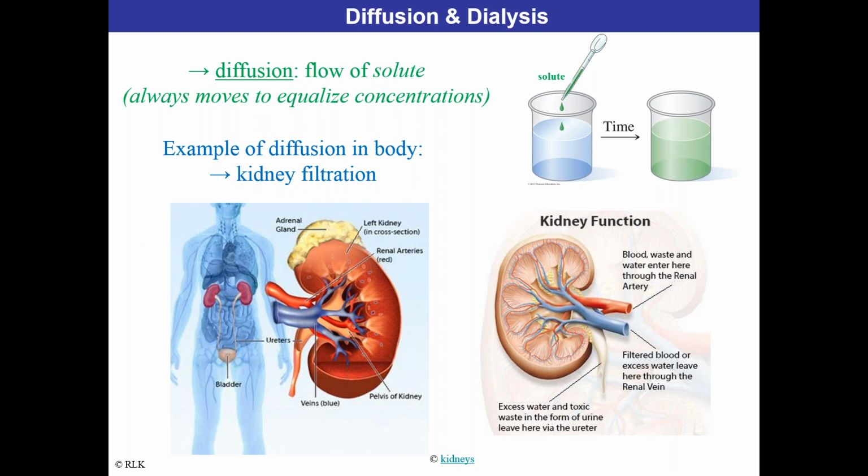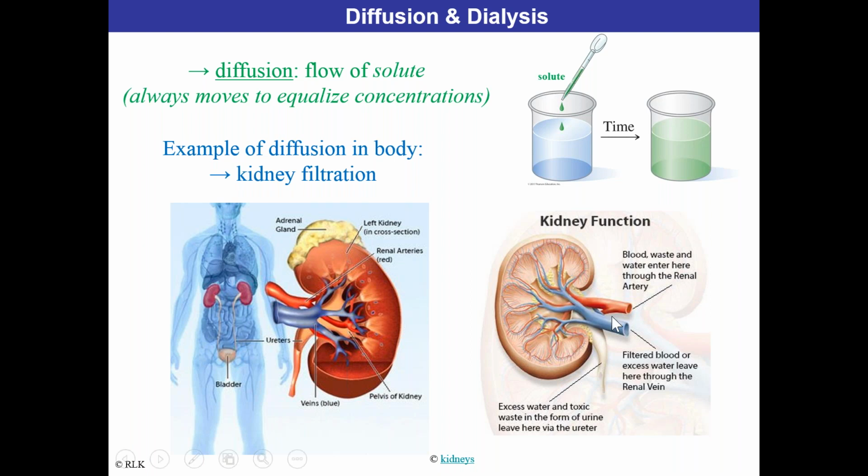So if there's, for instance, too much sodium chloride that had been admitted by you because you drank a little bit of seawater, maybe by accident, you were swimming in the ocean, and you got a little bit of seawater in your body, well, the kidney is going to be able to flush that, no problem. That also goes for eating, right? If you're drinking a soda that has a lot of sugar in it, maybe a lot of salt as well, or if you're eating foods that have any kind of salt or sugar content, if there's going to be an excess, the kidney's going to help filter out that excess to allow you to continue on your day.